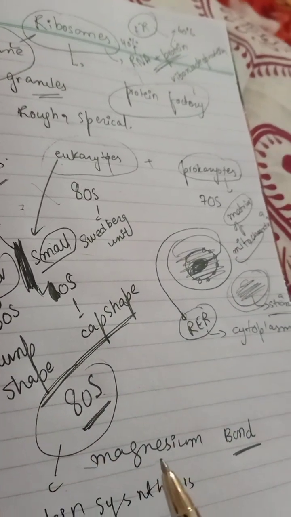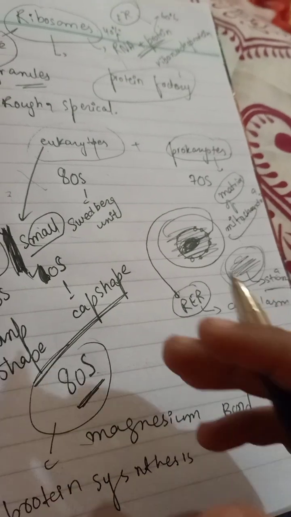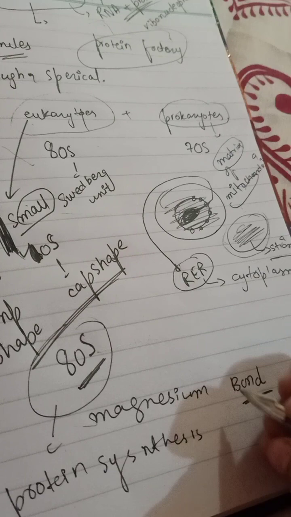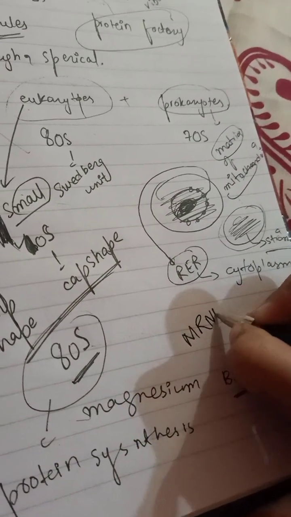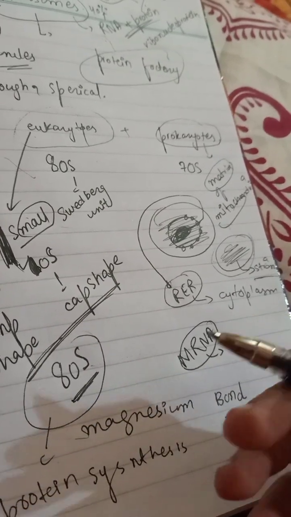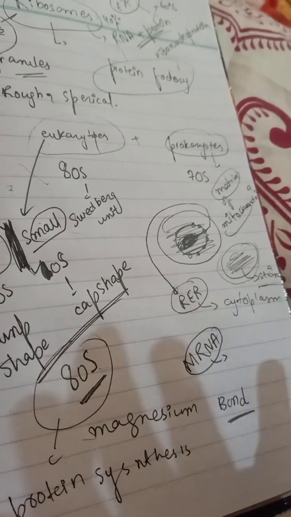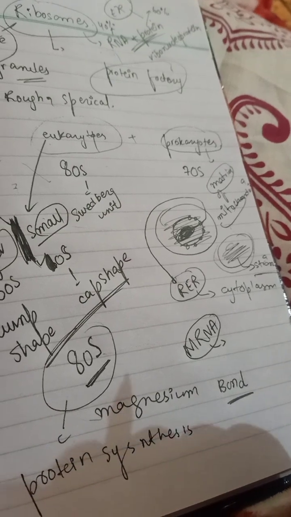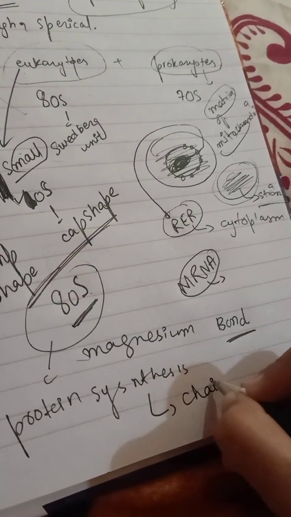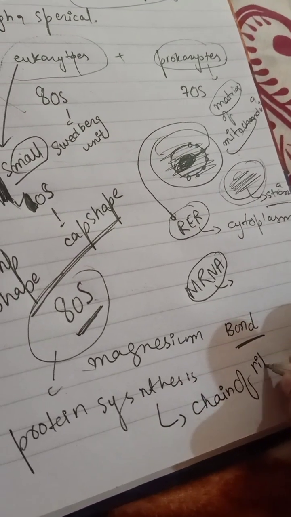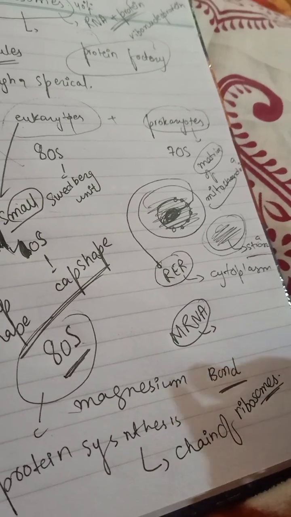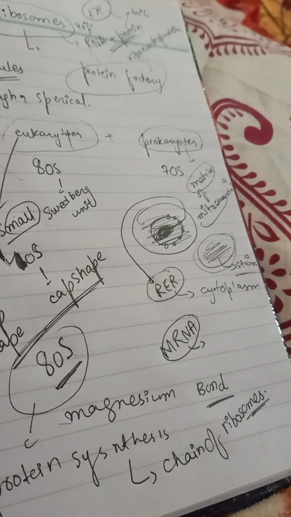One more thing: there are many ribosomes attached to the messenger RNA. More than one ribosome is attached to the messenger RNA, forming a chain of many ribosomes, which produce the polypeptide, the protein bond.